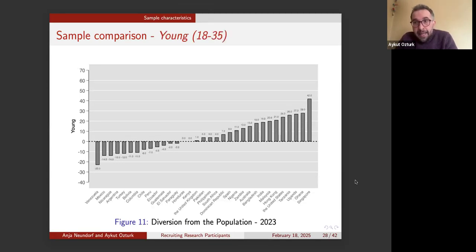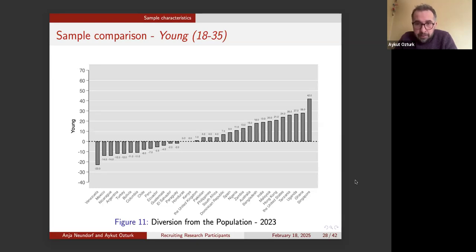Okay, in terms of age, this is a bit tougher, especially because in African countries the population is young, and on top of that, Facebook coverage is very low. The population that has access to social media is usually young people. So it's very difficult to reach older people in African countries, and you can see that.